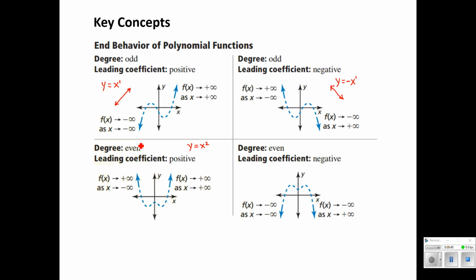In the lower half down here, if our degree is even and our lead coefficient is positive, we'll think about what y equals positive x squared looks like. That's a basic positive even function. The ends are going to tend in the same direction. So if we have a positive function with an even degree, my height increases as my x goes to the left. My height increases as my x goes to the right.